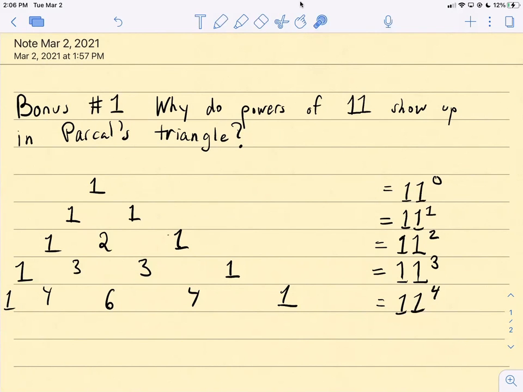He really liked 11, yeah. Or is this just some random coincidence? How many of you think it's just some coincidence? Or that Pascal's triangle is only based on powers of 11?